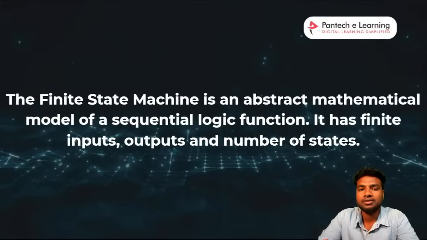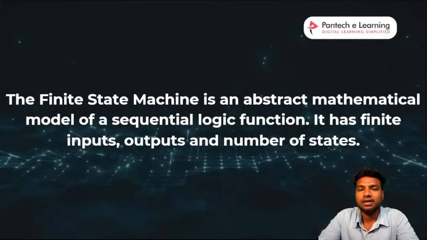If you want to build a simple circuit or a complex circuit, it depends on you and your logic. You can use fewer states or more states, based on your knowledge, your skill, and your logic.